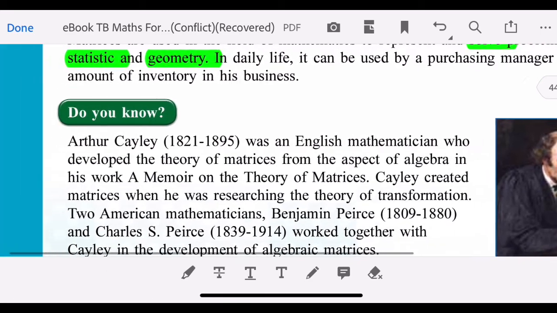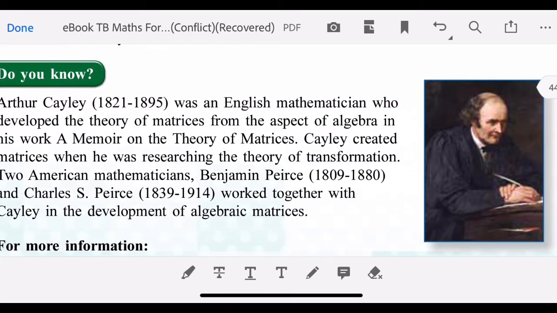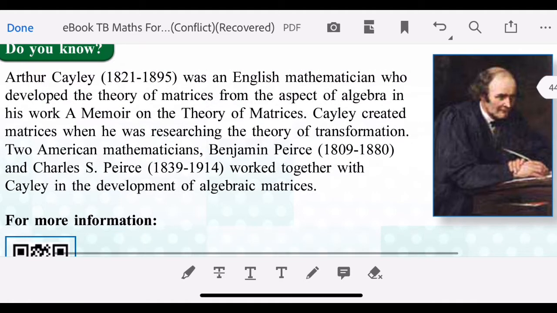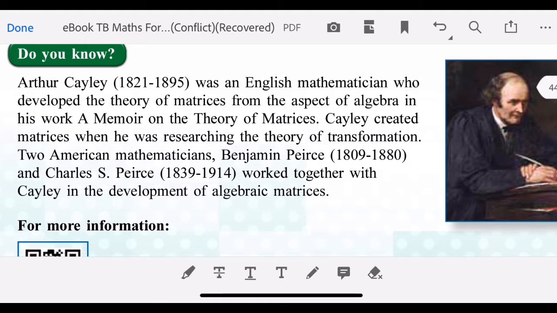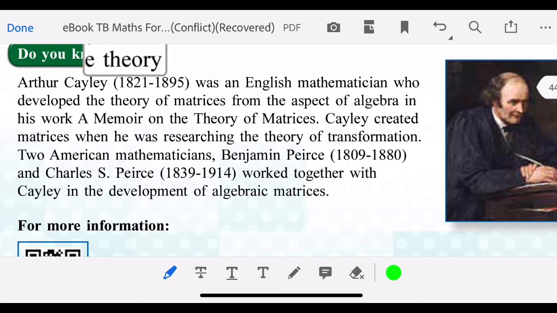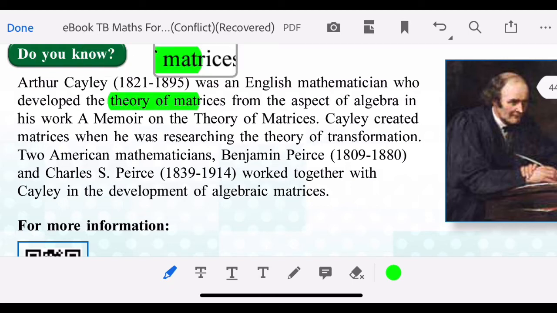Now, do you know Arthur Cayley was an English mathematician who developed the theory of matrices from the aspect of algebra in his work, A Memoir on the Theory of Matrices.